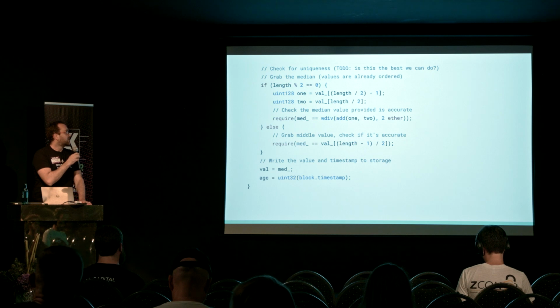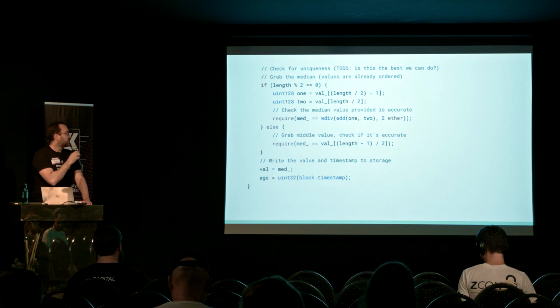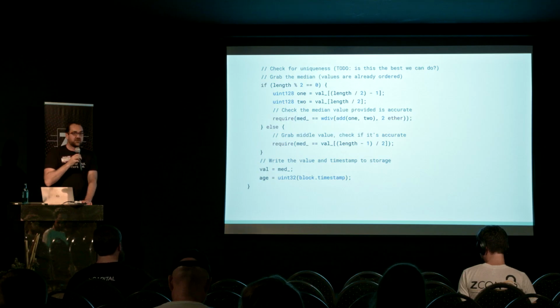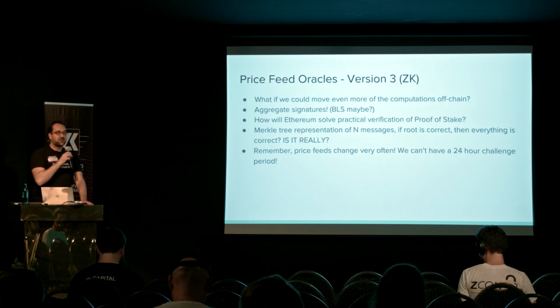If there were an even number of values, you just grab the middle two and do an average. If it was an odd number of values, you just grab the one in the middle, you write it, and you're done.